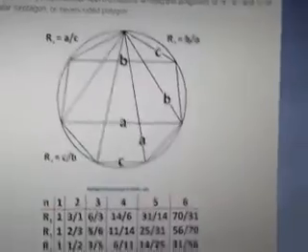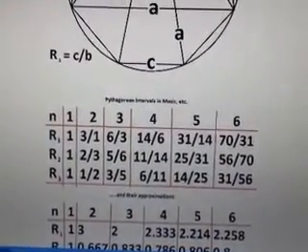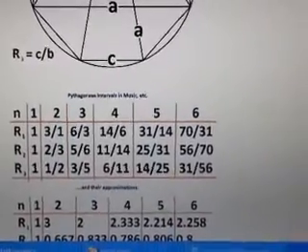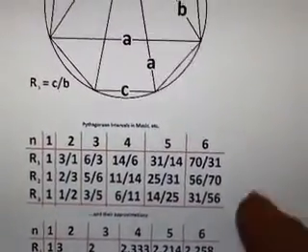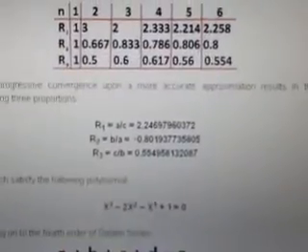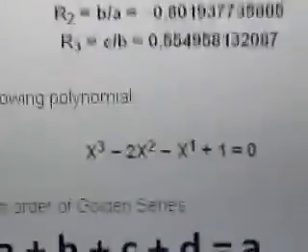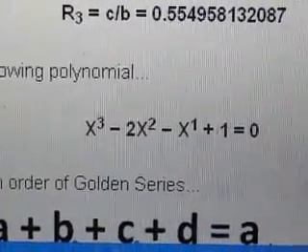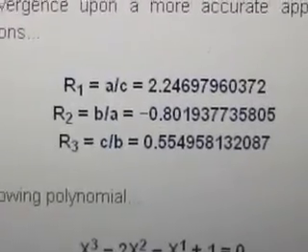When we take those 3 ratios and approximate them out, this is just a very vague approximation. 70 over 31 is pretty vague. But you keep going out to the right, it gets more and more exact, and you eventually end up with a polynomial in one unknown of x cubed minus 2x squared minus x plus 1 equals 0. And those are the 3 roots.